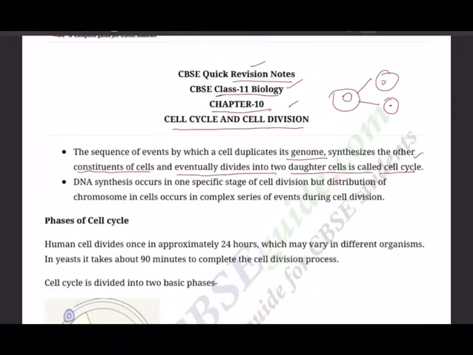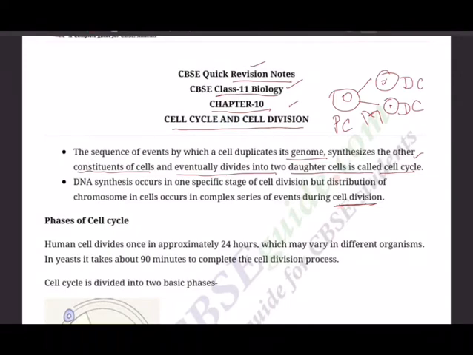DNA synthesis occurs in one specific stage of cell division, but distribution of chromosomes in cells occurs in a complex series of events during cell division. When daughter cells are formed from the mother cell, or we say parental cell, if two daughter cells are formed from one parental cell with both the daughter cells having the same constituents, then we say it is mitosis.